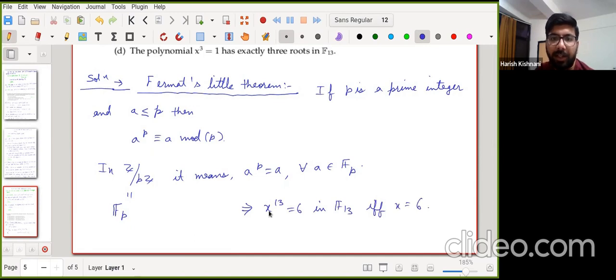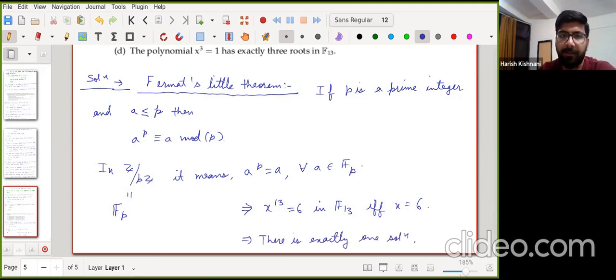Because if you take the 13th power of any other element, you will get the same element, not 6. So x^13 is equal to 6 if and only if x is equal to 6. Clear? So that's why there is exactly one solution to this equation.